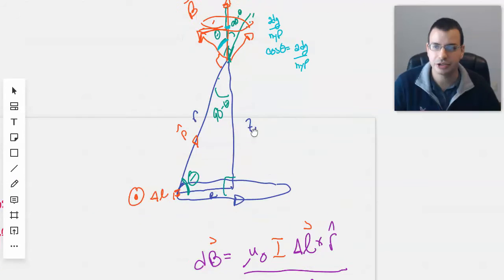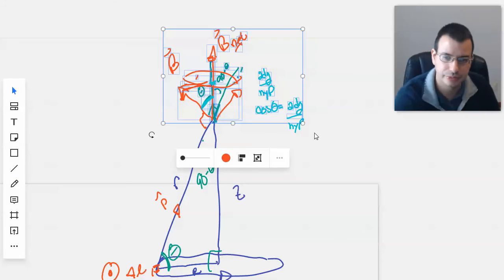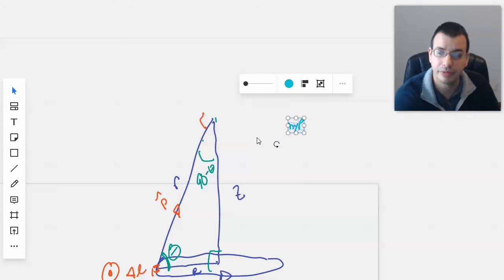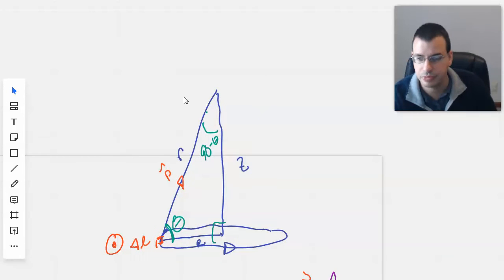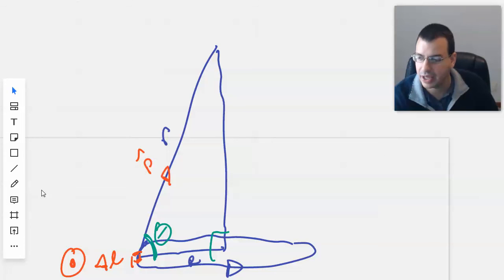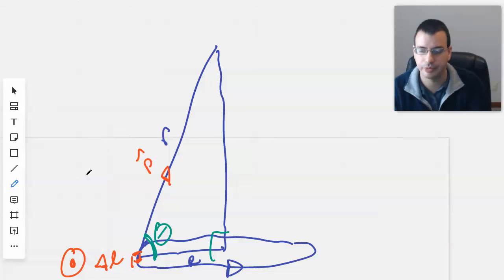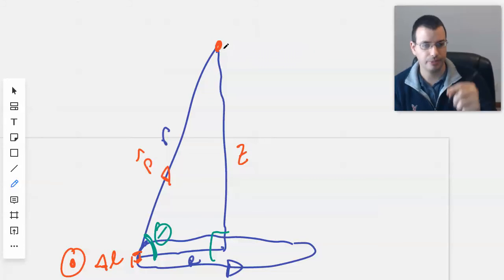Okay, so now I'm going to erase most of this abomination up here. Oh, that worked out surprisingly well. Maybe erase some of this. And there we go. Put our Z back. So this is the Z distance from the center where we're trying to find the magnetic field.